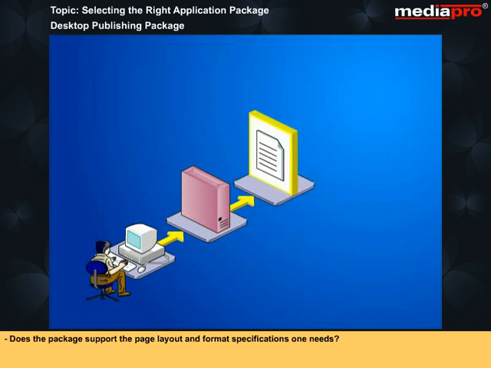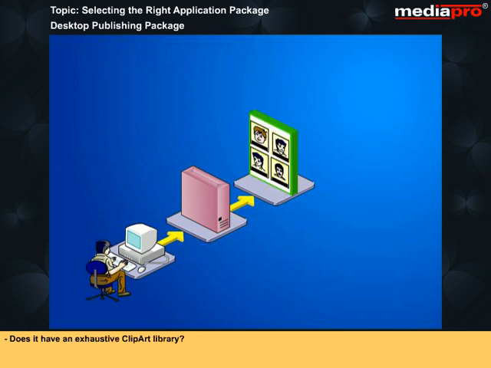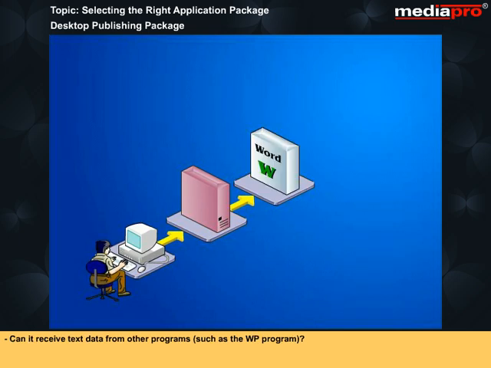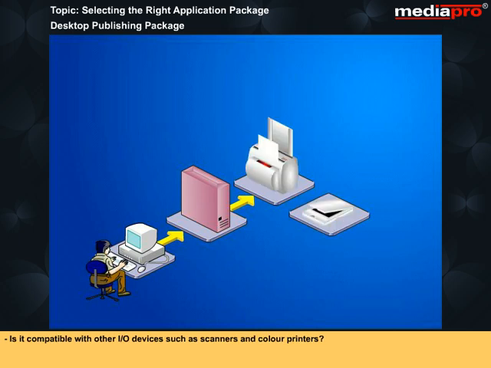Does the package support the page layout and format specifications one needs? Does it have an exhaustive clip art library? Does it support picture editing, that is resizing, cropping or transforming? Can it receive text data from other programs, such as the word processing program? Is it compatible with other input-output devices, such as scanners and color printers?